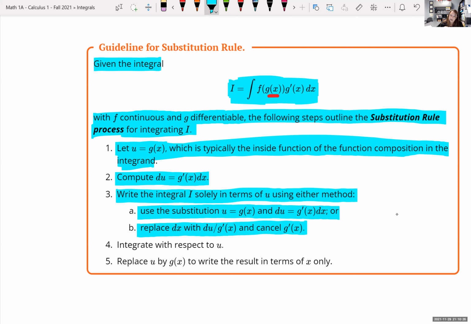So once you've rewritten your integrand just in terms of u, x is no longer in there, then we can integrate with respect to u. Once we've integrated with respect to u, we can replace u with g of x to rewrite the resulting function in terms of x only.